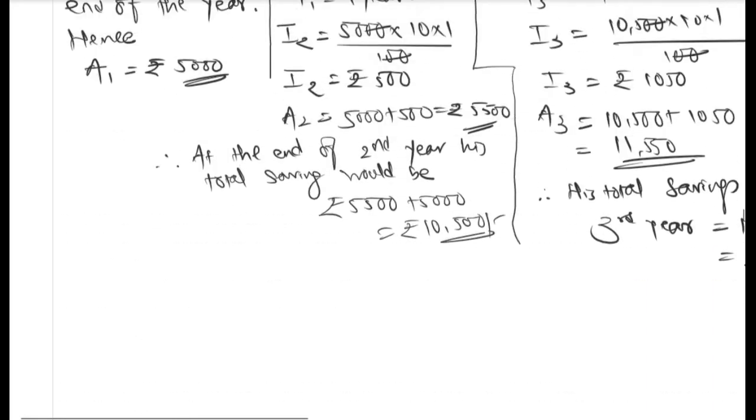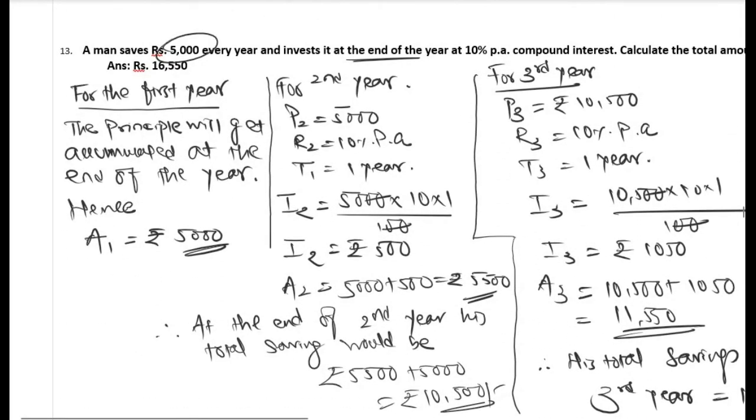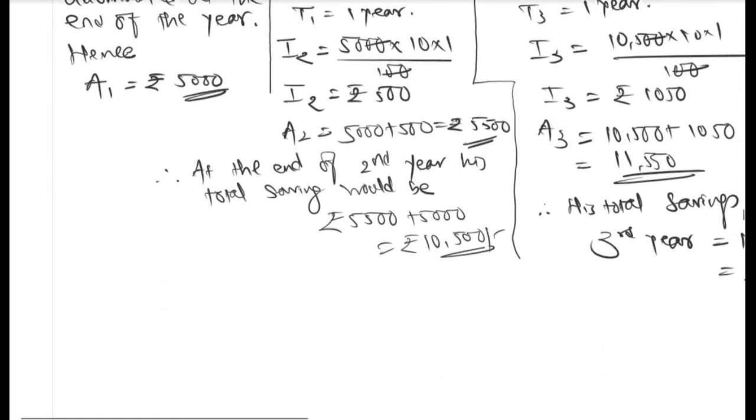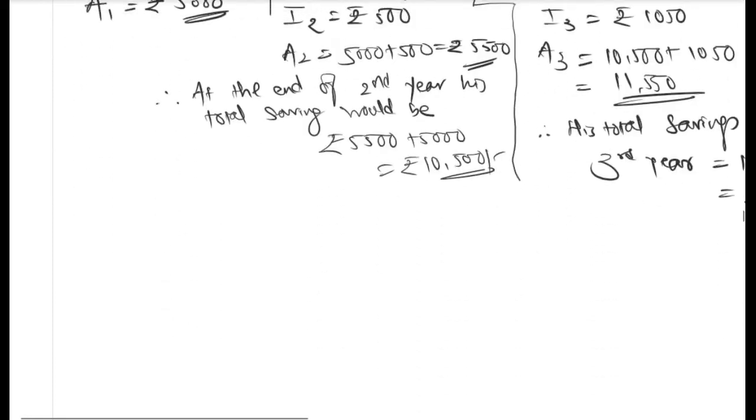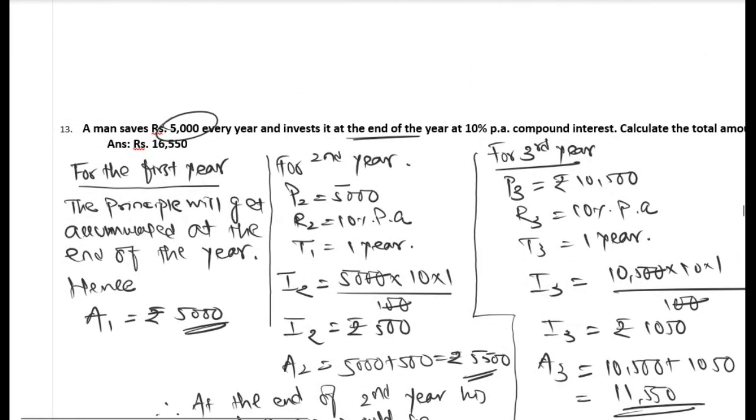The next part is more about compound interest, and that is a very interesting part coming up. Many questions are still left in the chapter. There are total I think 21 questions. So we have done 13 questions till now, so around 8 questions more are left, right? So that we are going to do in the next part of the video.